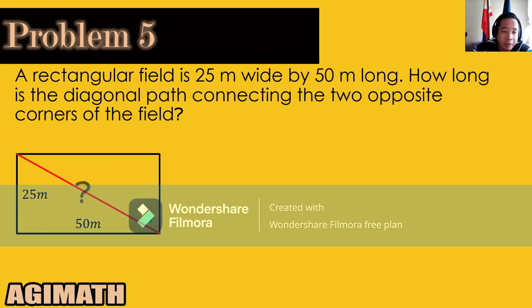Going back to the definition of a rectangle, when we have a rectangle, it means that all four right angles are congruent. So if we consider this triangle, this angle is a right angle. So that we will not be confused, we name our vertices.